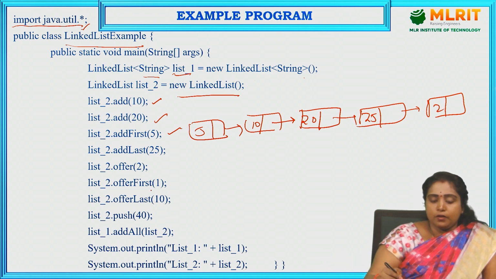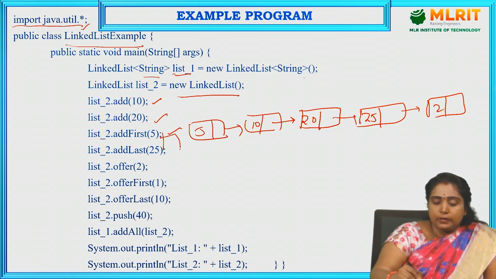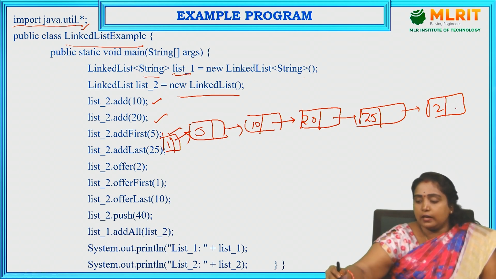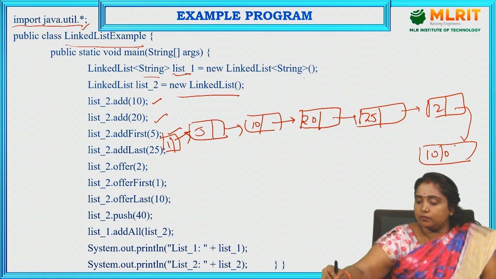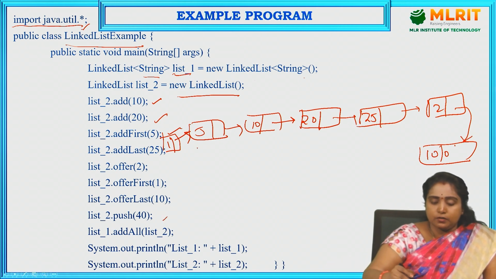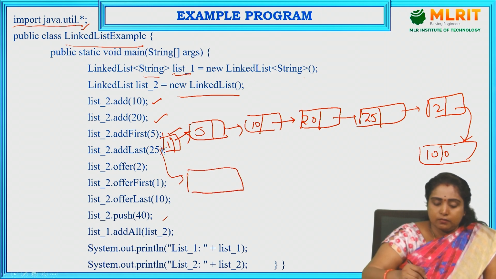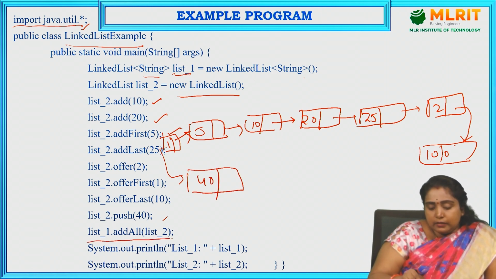And next offerFirst 1. So 1 will be added here. And next offerLast I have added 10. And push has added 40. And here, list1.addAll of list2.